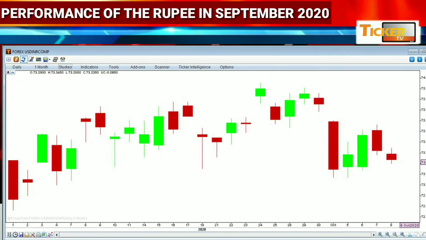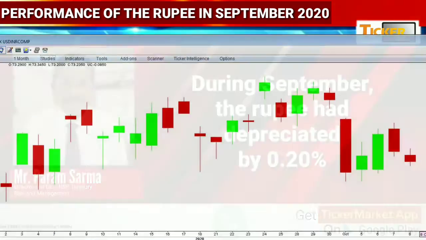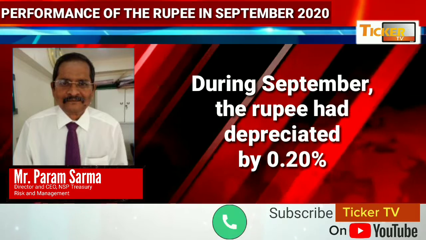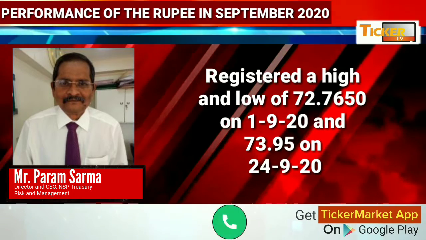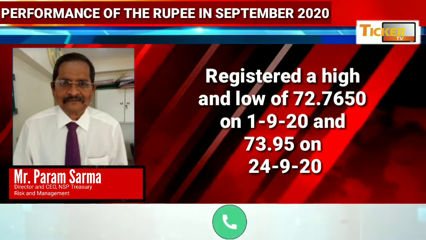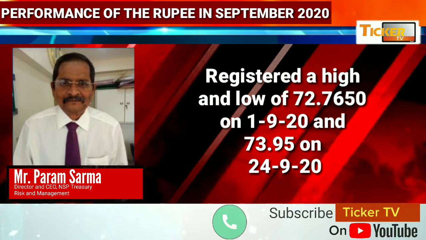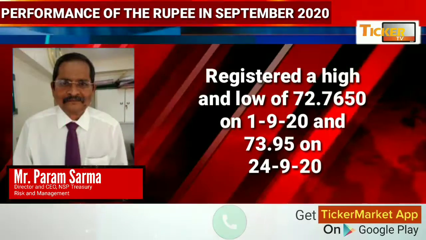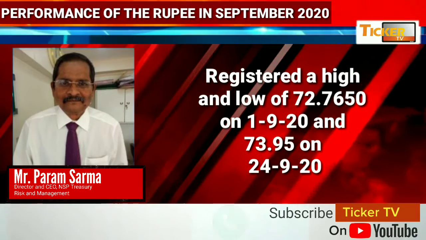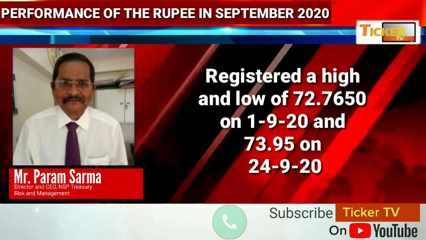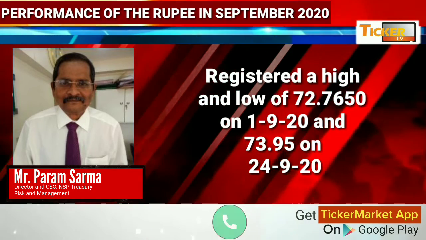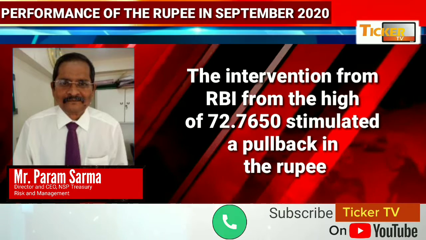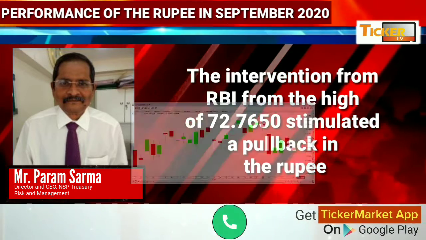During September, the rupee had depreciated by 0.20% and registered a high and low of 72.7650 on 1/9/2020 and 73.95 on 24/9/2020 respectively.